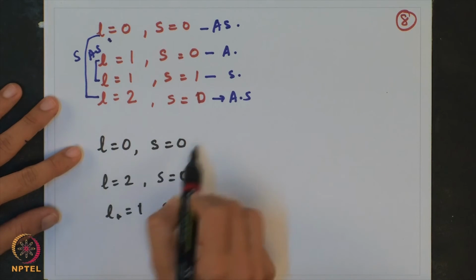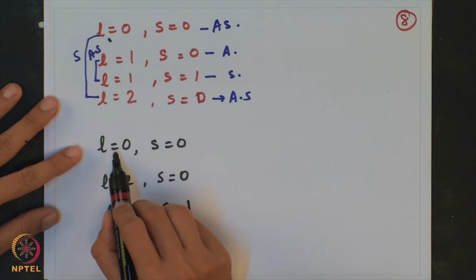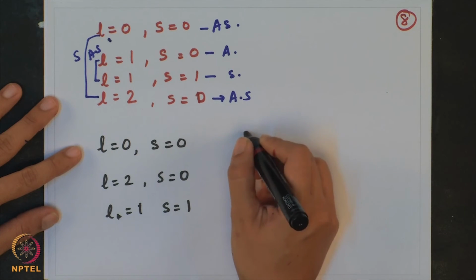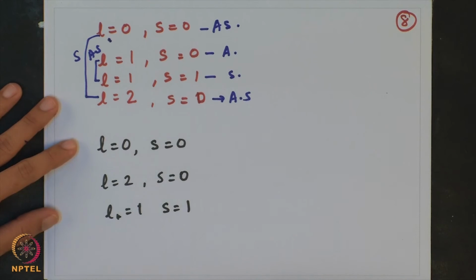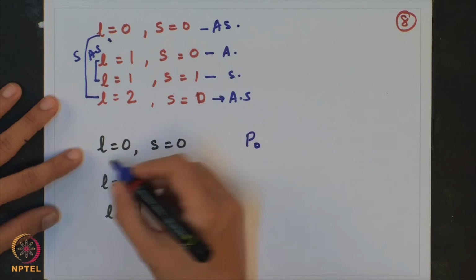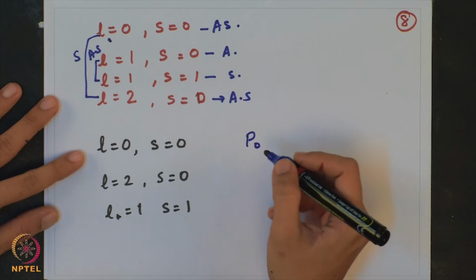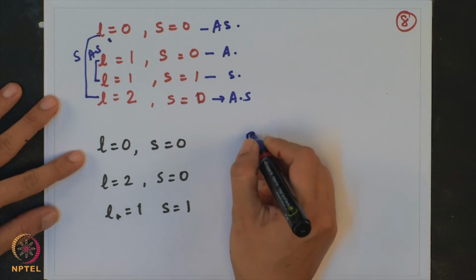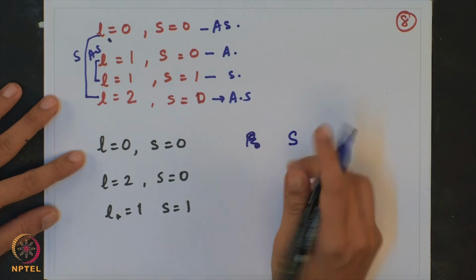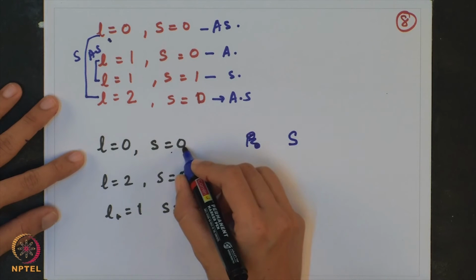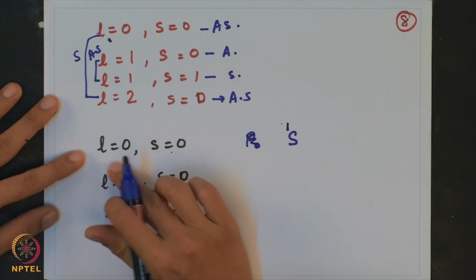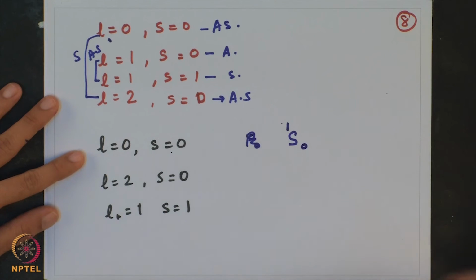So, in the spectral notation the corresponding states can be written as follows. For L is equal to 0, I will have S, because L is equal to 0, and S is equal to 0, so the multiplicity is 1, and J for this combination is 0.